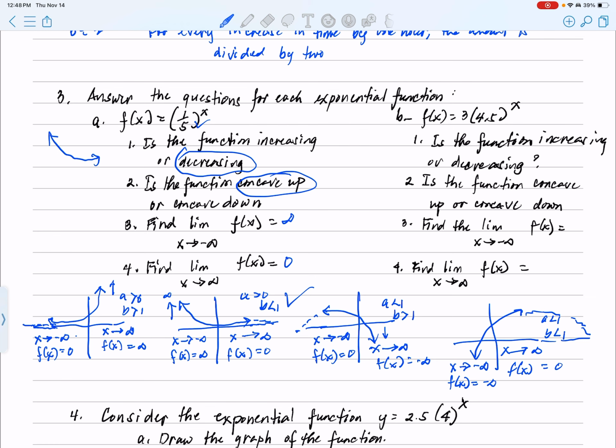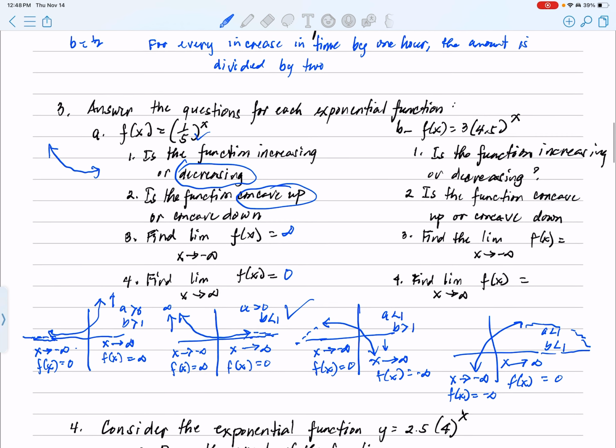All right. Let's have this. Our a is greater than 1. Our b is greater than 1. Both are greater, so our graph goes that way. Because both are greater, the function is increasing. Right? It is concave up.